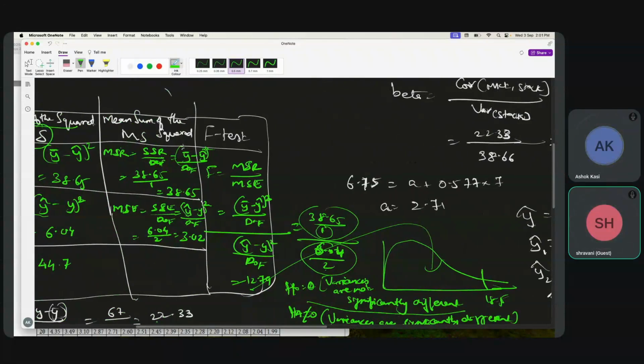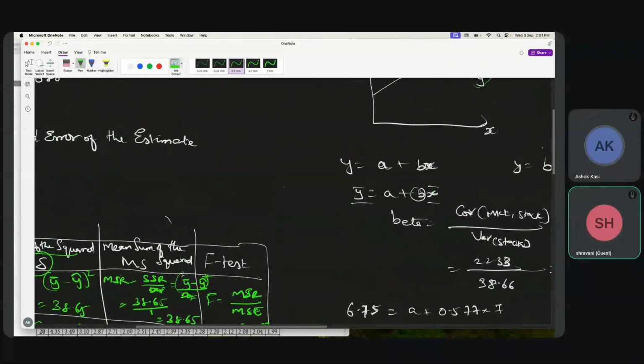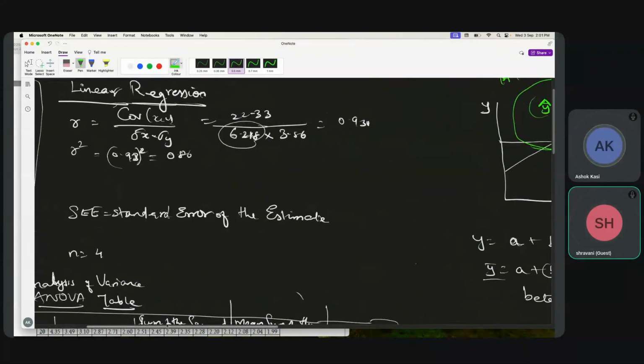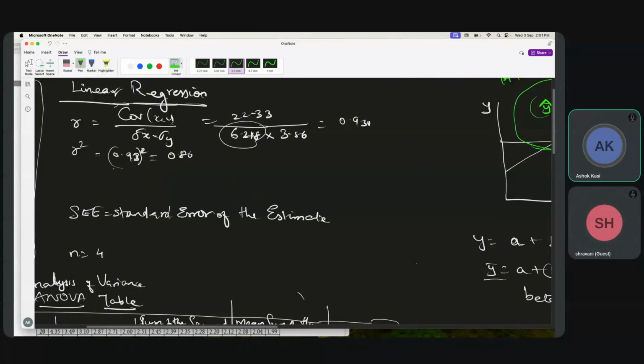Then here the other formulas are explained variation divided by total variation.